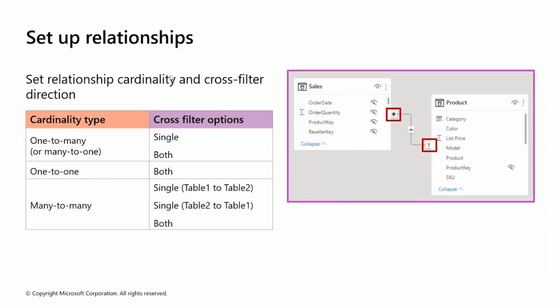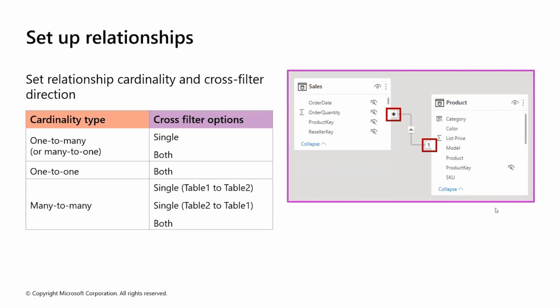Set up relationships. A model relationship relates one column in a table to one column in a different table, and each model relationship is defined by a cardinality type. There are four cardinality type options representing the data characteristics of the from and to related columns.